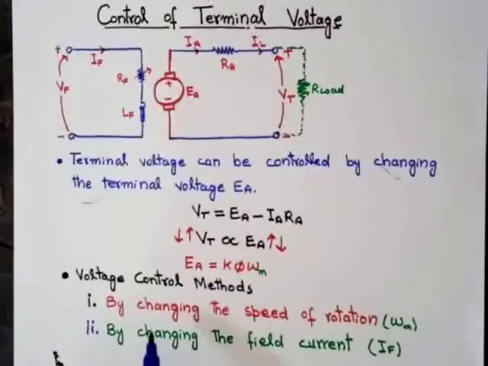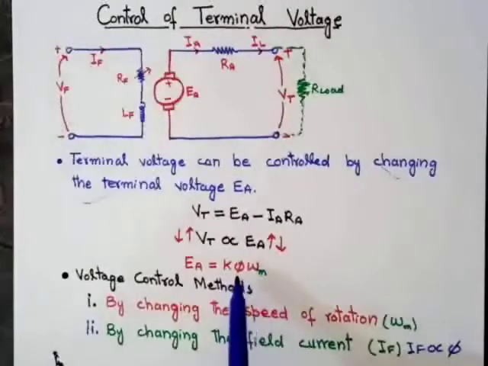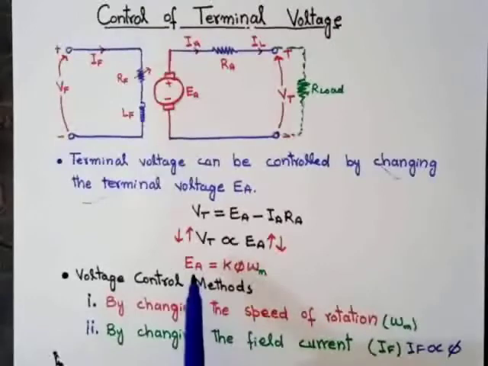And the second method is to control the terminal voltage by changing the field current. As we know, the relationship between field current and flux is directly proportional. When the field current increases or decreases, the flux will increase or decrease as well. By changing the flux, we can change the internal generated voltage. By increasing the flux, the internal generated voltage will increase.